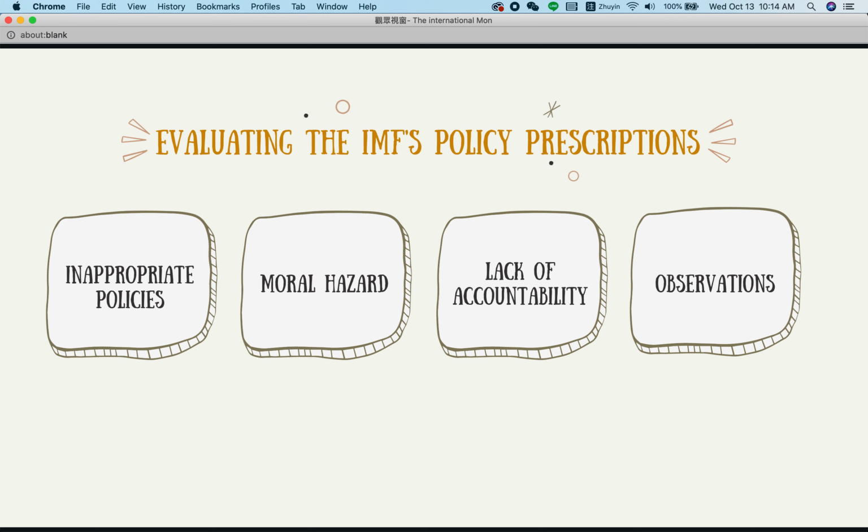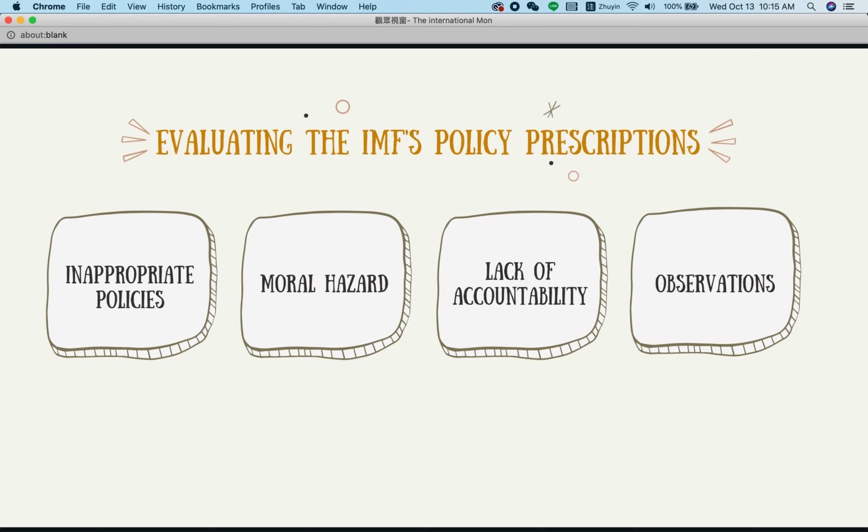But this set of policy prescriptions has come in for criticism from many observers, and the IMF has started to modify its approach.